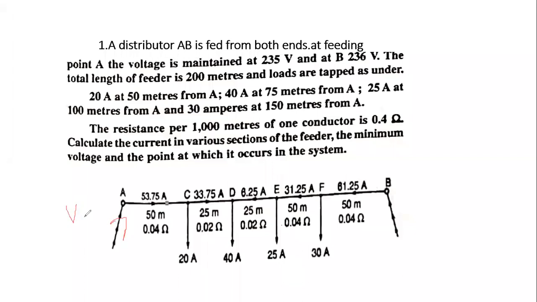Therefore, VA is equal to 235 volts and VB is equal to 236 volts.